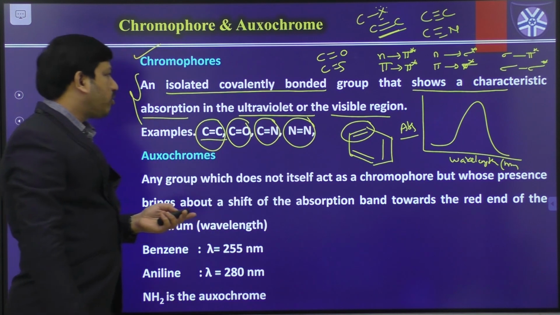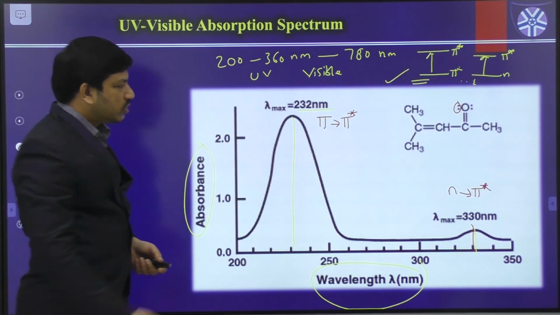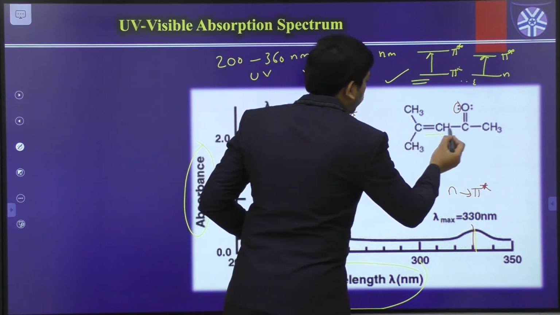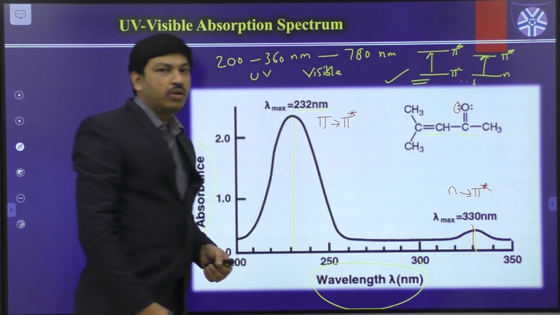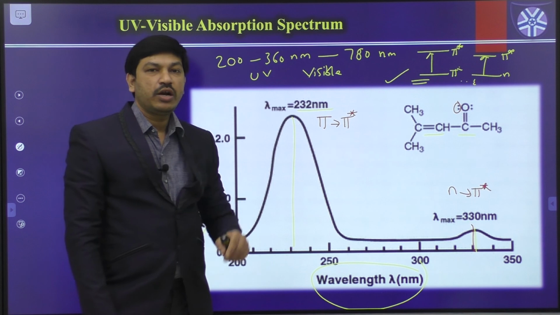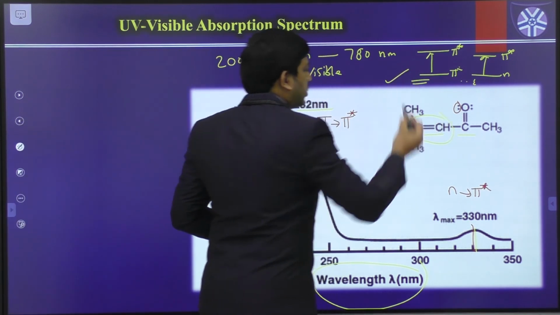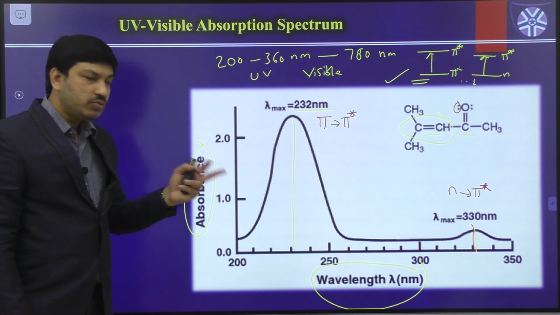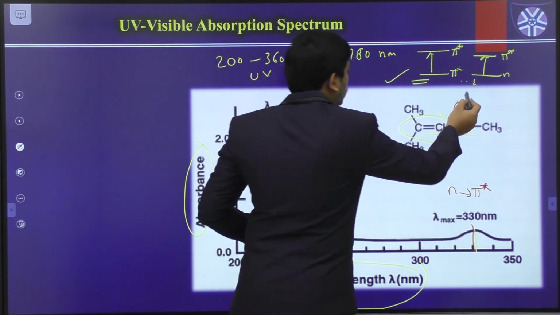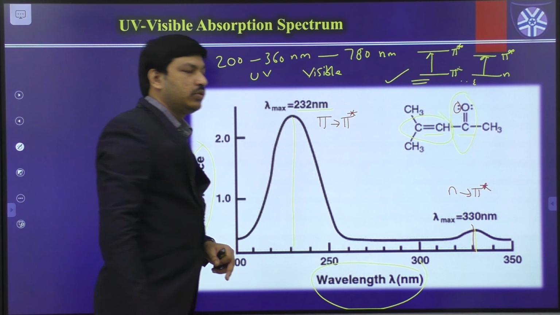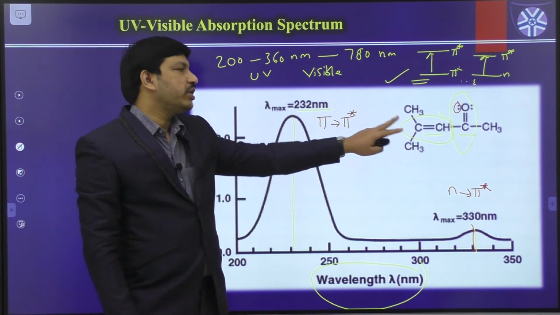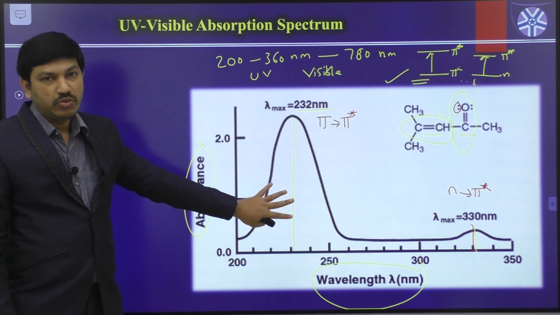For example, if you go back to the previous slide, in this case how many chromophore groups are available? Even this molecule contains a C double bond C group, yes or not? This is one chromophore, and we also have a C double bond O group. So basically these two groups are providing the corresponding absorption spectrum.